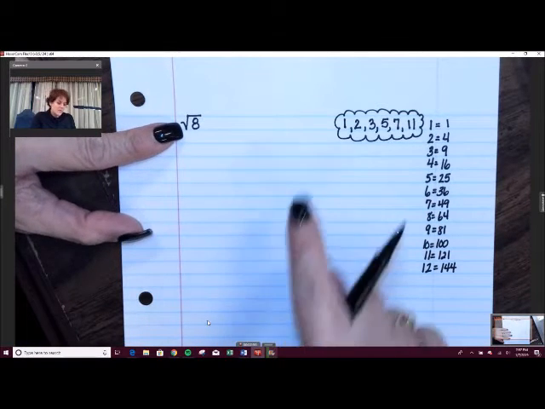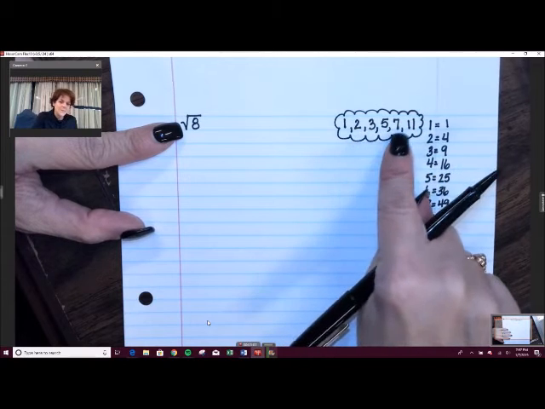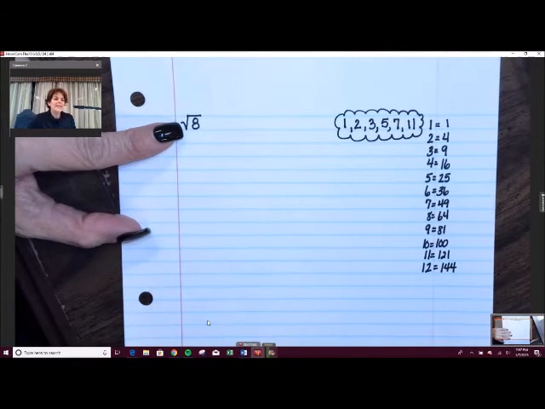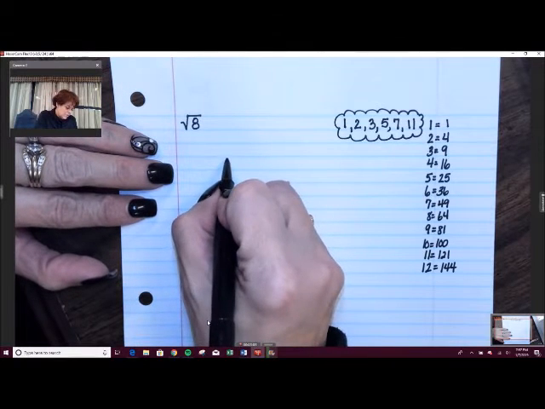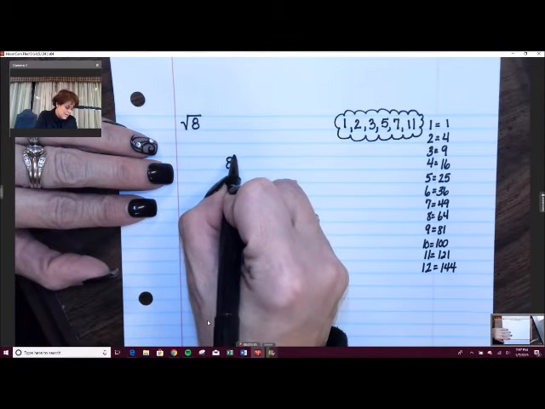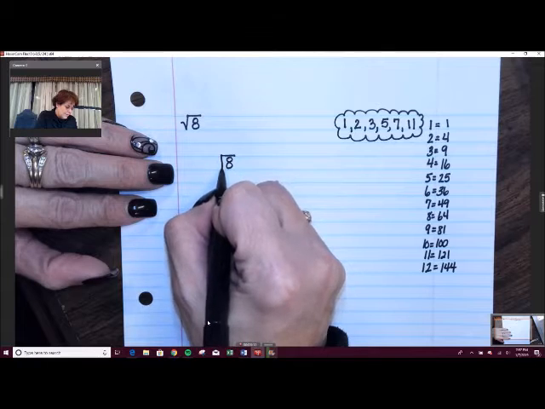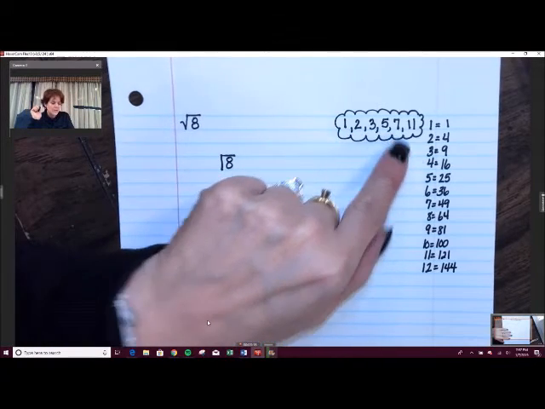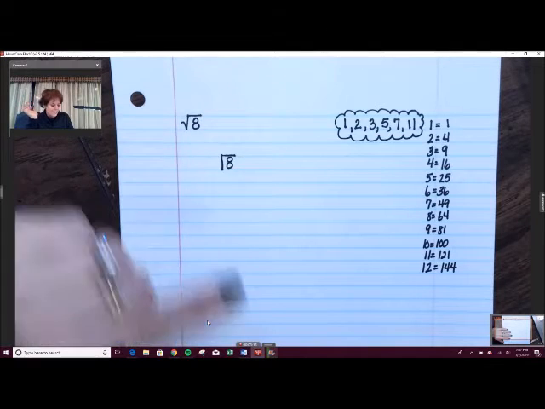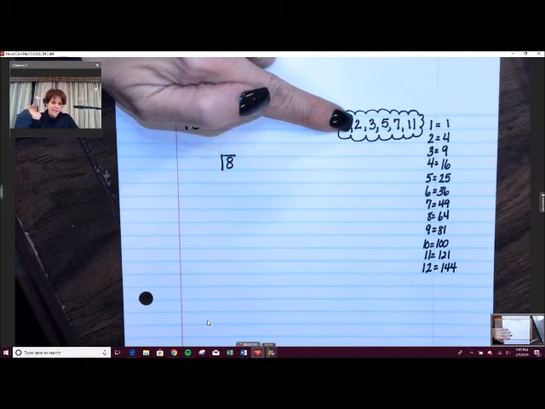So what I want to do, using my prime numbers, is see what I can get 8 down to. So here's what I'm going to do. I'm going to put 8 down here, and I'm going to draw a little half cake around it. Which number goes into it? And you don't really want to use 1. Does 2 go into 8? Yeah.